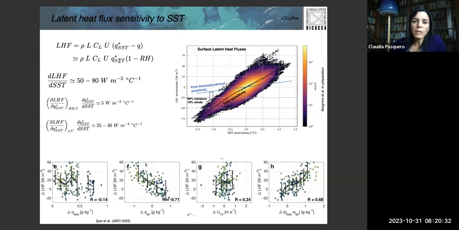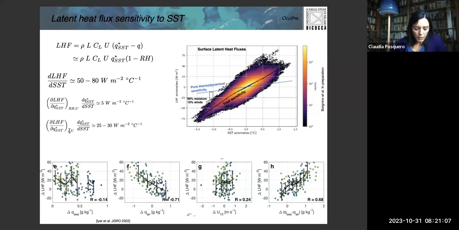Going to smaller scales, we could ask what the sensitivity would be, assuming that U doesn't change and Q doesn't change. So assuming that there is no response. If we are going from a cold patch to a warm patch, the air moisture doesn't change, and so there is a much stronger increase of latent heat flux than in the pure Clausius-Clapeyron relationship.